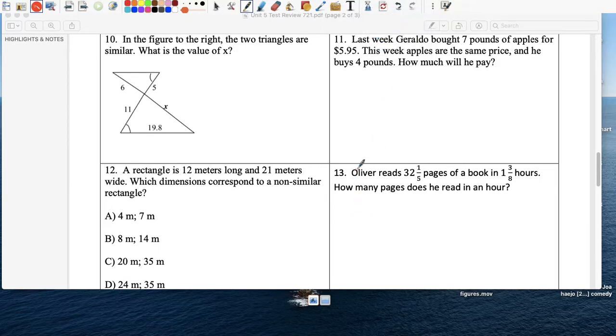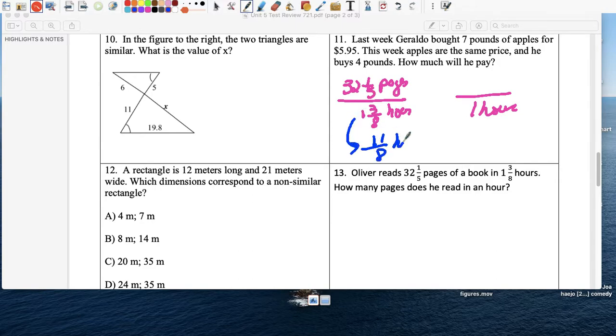Oliver reads, how much does he read in an hour? Okay, so again, 32 and 1/5 pages in 1 3/8 of an hour. That's how long, but I want to know how many pages he reads in just 1 hour. So that's our unit rate. I want to change this to an improper fraction, so that becomes 11 over 8. Now I know the reciprocal is 8 over 11, and I multiply by that.